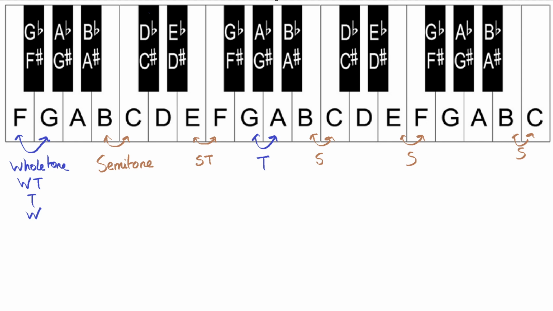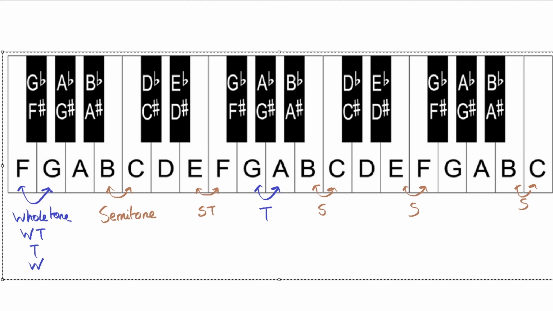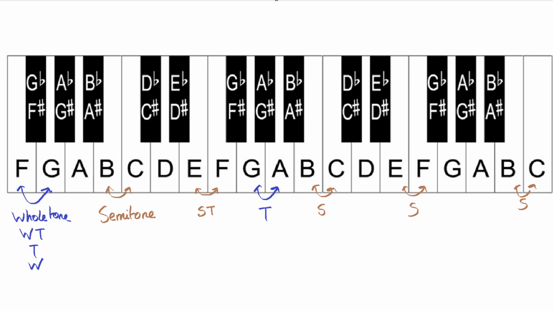This is also the case between neighbouring black notes because there's a white note in between them. They are still considered to be whole tones. So if I just move this down a little bit, between D flat and E flat, or C sharp and D sharp, whichever enharmonic you want to call it, this is also a tone.